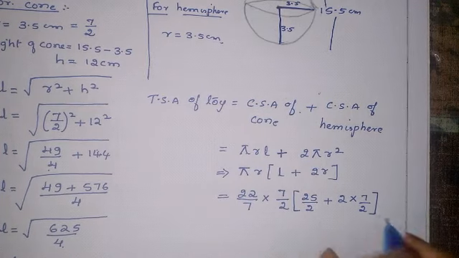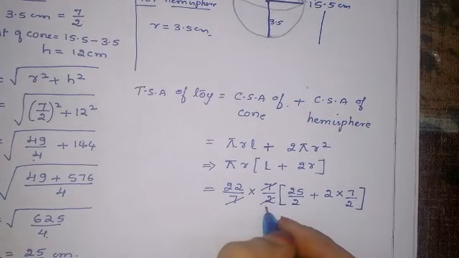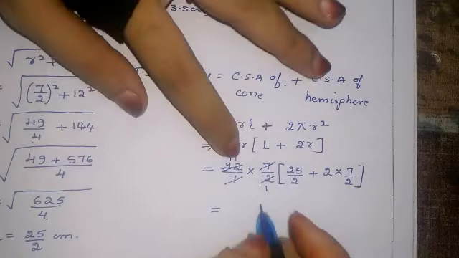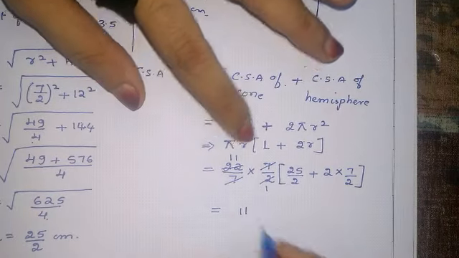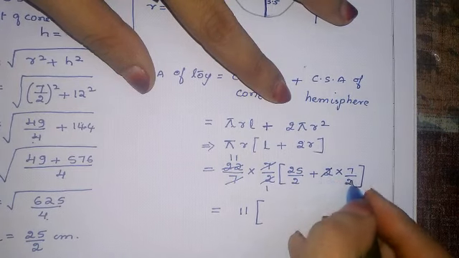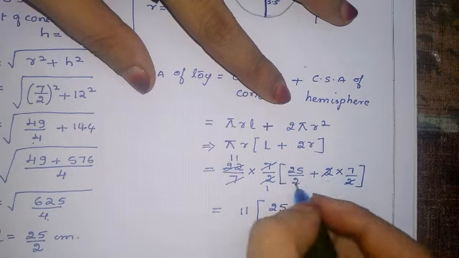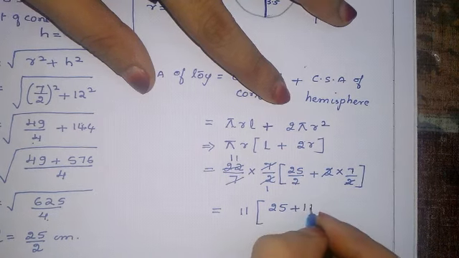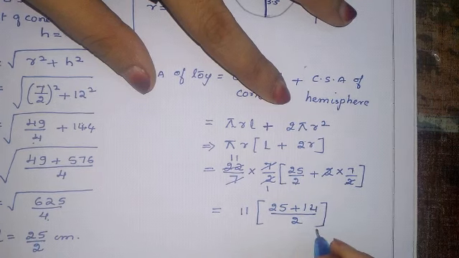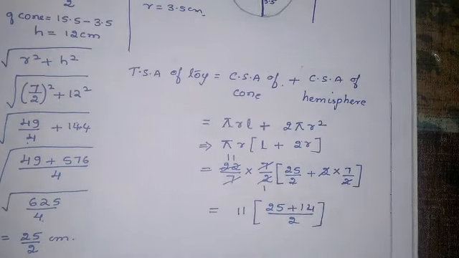We have to substitute the values carefully. Now 7 gets cancelled. 2 ones are 2, ones are 1. Here what we got? 11. Only 11 is left. Here 22 gets cancelled. 25, only 7 is left. 7 twos are 14 by 2. Now 25 plus 14 we have to add, that is 39 by 2.